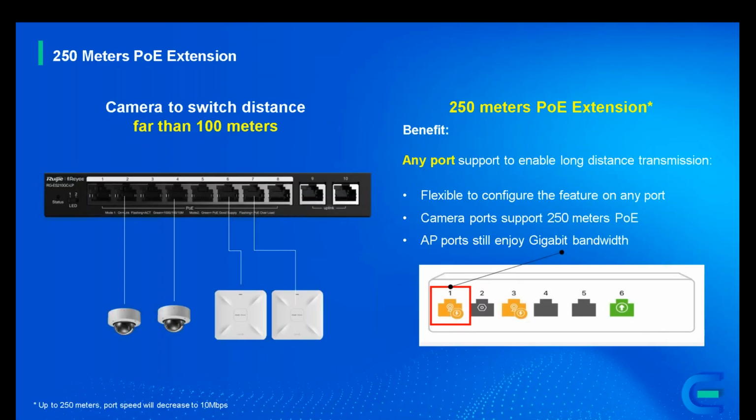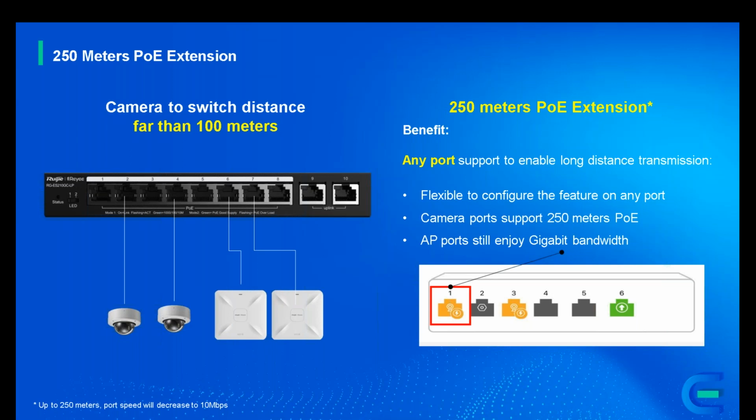So let me show you some features. We have some PoE extension in specific ports. So it's very easy to configure. Sometimes you have some cameras with longer distance. I mean, for the standard, you can only install network devices up to 100 meters.